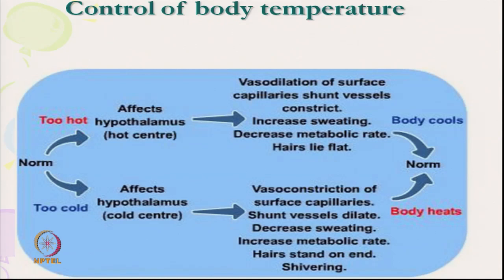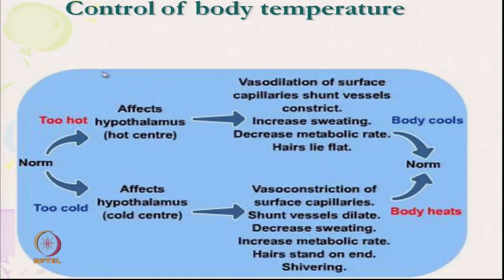And this diagram shows the detailed activity of our body physiology to control the body temperature. So, this is the normal condition, where the body always tries to keep the body temperature normal. But if the temperature is too hot, it affects the hypothalamus.